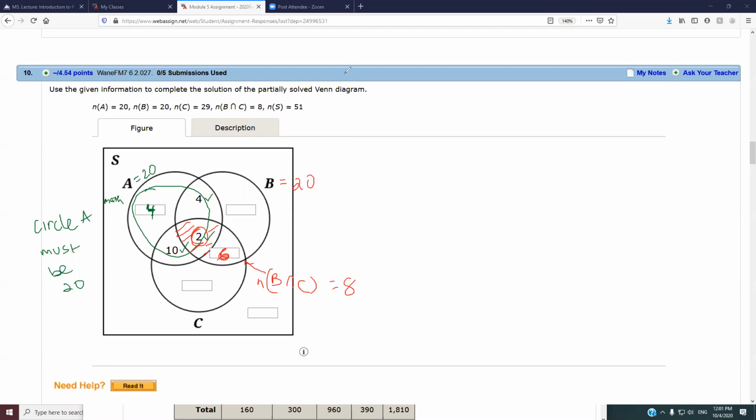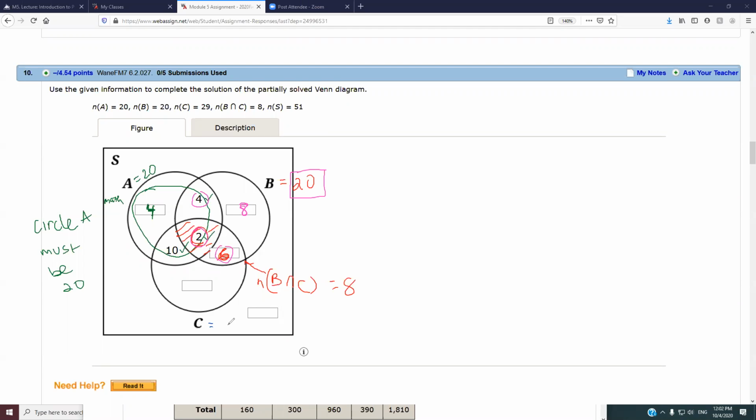But when I look at the full circle B, I'm noticing that I've already got 4 and 2 and 6 labeled. Well, that's 12. But I know there's got to be 20 altogether in circle B. If I'm accounting for 12 here, that must mean there's got to be 8 left to put in that box. And I could do the same thing for set C.